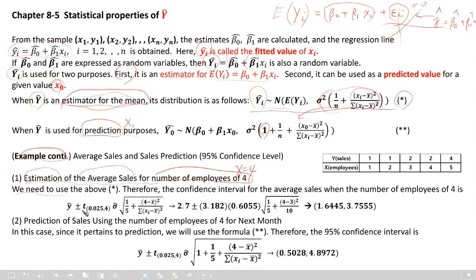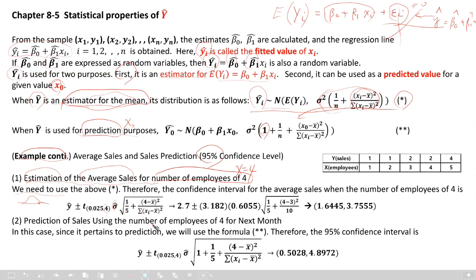So the confidence interval for this average sales is y hat plus minus t with degrees of freedom 4, where the tail area is 0.025, because we want a 95% confidence interval. Instead of sigma, we use sigma hat times square root of 1 over 5 plus this term.